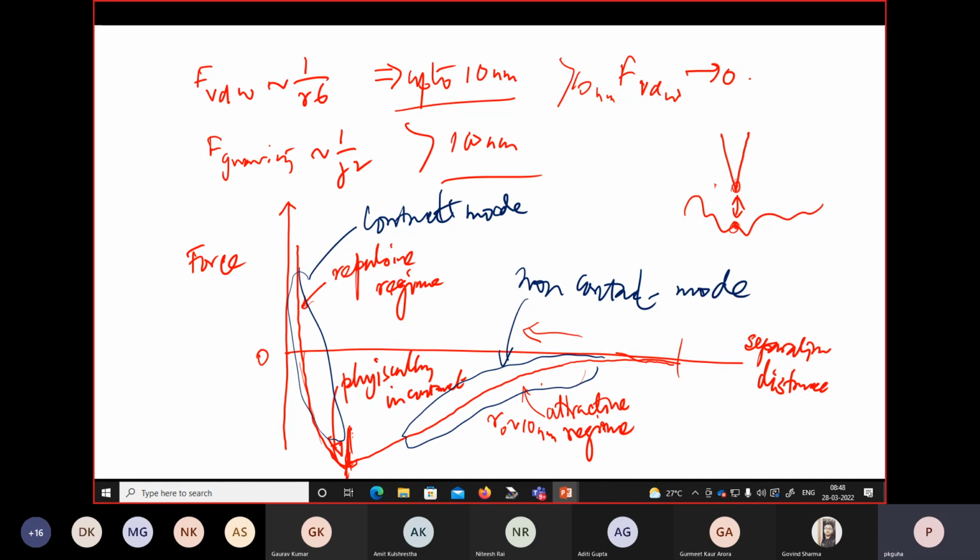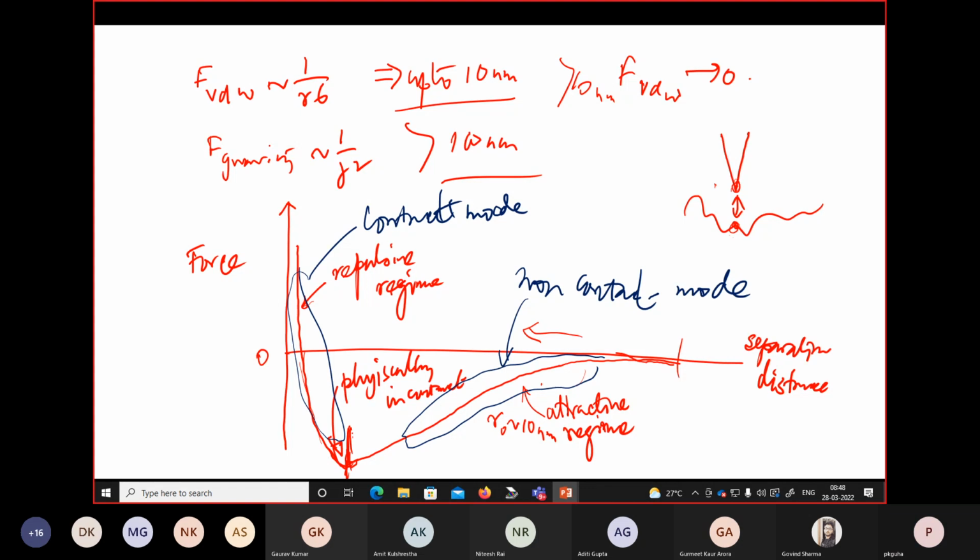AFM can provide you higher resolution compared to SEM, and also you do not need metal coating on the sample. Even if it is an insulator, you can very well find out the surface morphology.